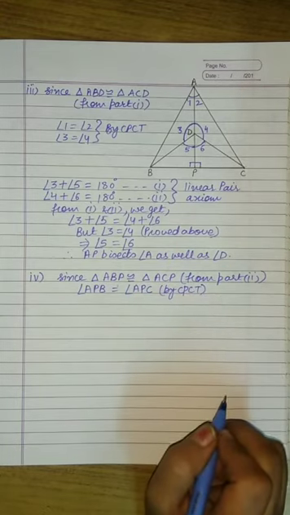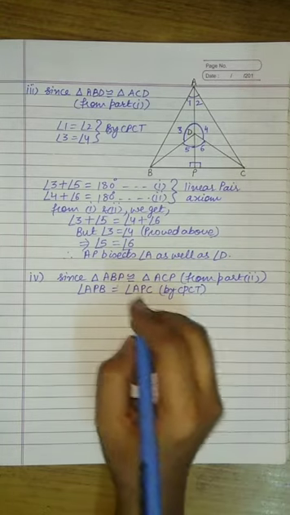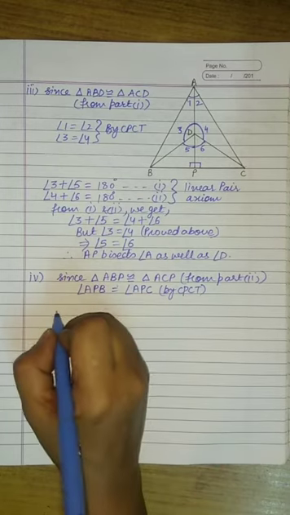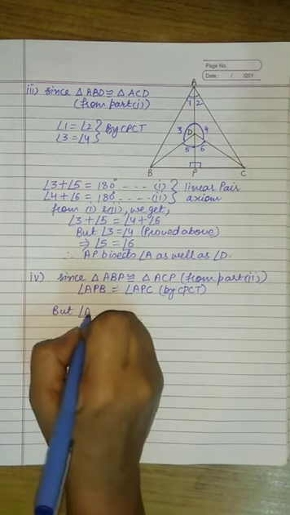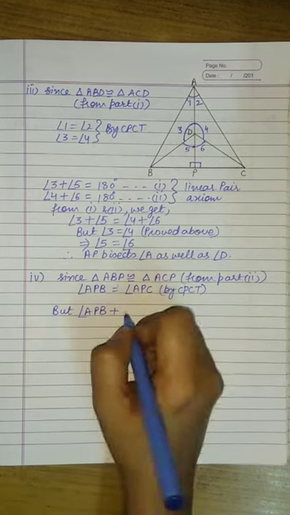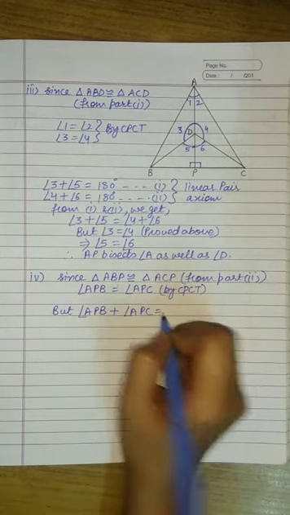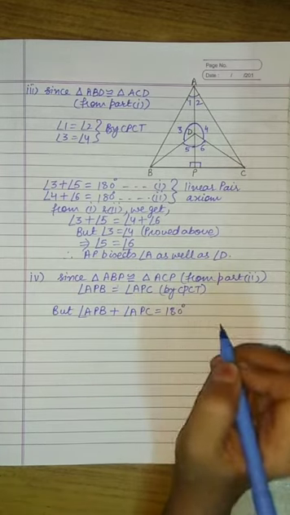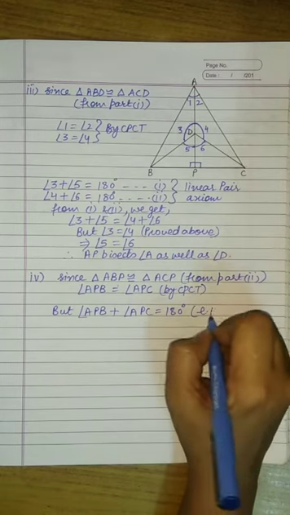Now both these angles form a linear pair, so we will write angle APB plus angle APC is equal to 180 degrees, again by linear pair.